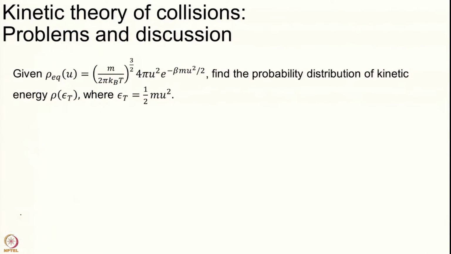I have been given the rho equilibrium in speed, and the question asks to find the distribution in energy, in kinetic energy. So, how do we do it? Remember the volume element. I can promise you, if you do not practice, you are going to forget volume elements in your exam.